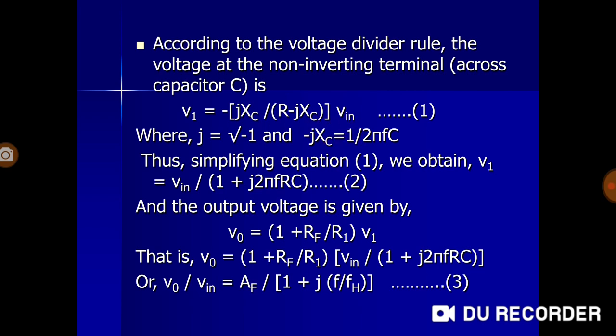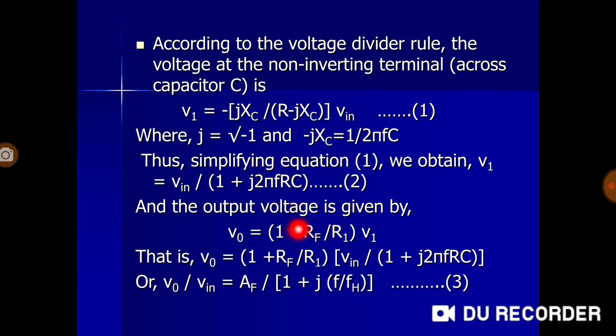Now here we have to keep in mind that j is the j operator, which is the square root of minus 1, and minus jXC means it is 1 by j 2 pi fC. Here j is missing of course, but it is 1 by j 2 pi fC. Simplifying equation 1, since we said V1 is this, we can say that V1 is actually Vin by 1 plus j 2 pi f RC. Why do we do this?